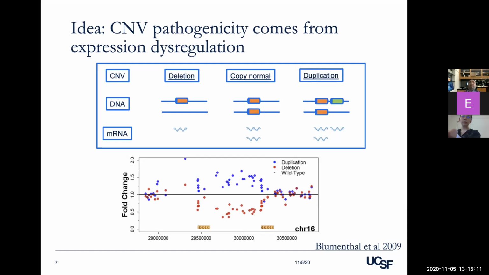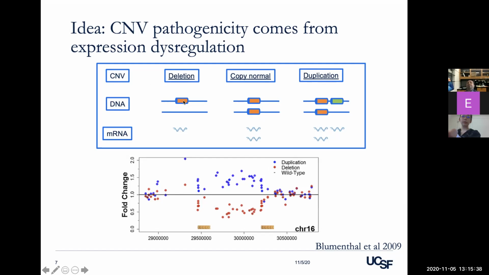And so to take a look at this chart, at the top, where we have deletions, people with copy normal and duplications. So if you have people who are copy normal, meaning they have two copies of each gene, they're going to have some sort of intermediate amount of RNA that's going to be transcribed from these genes.